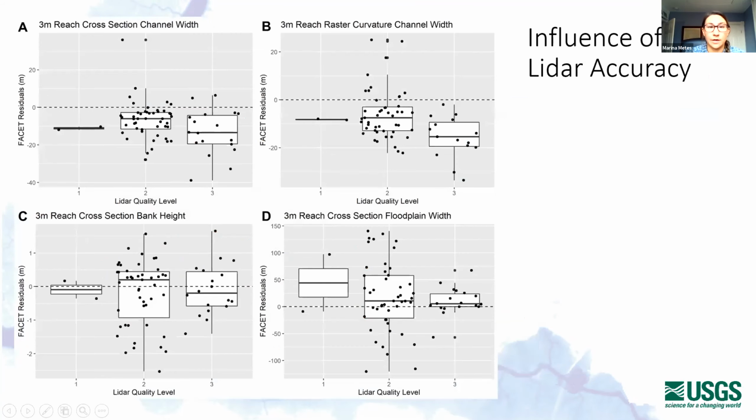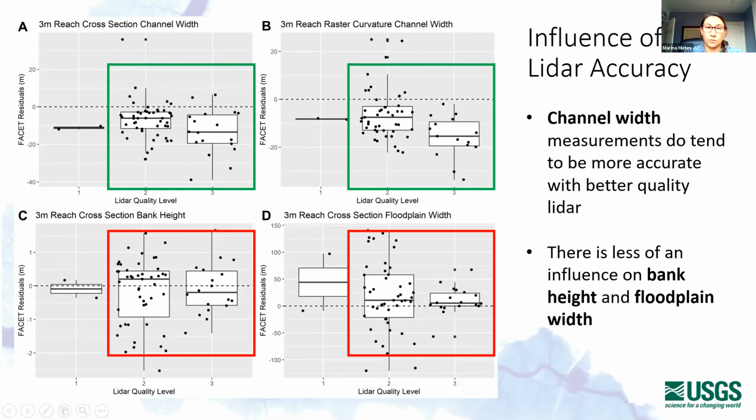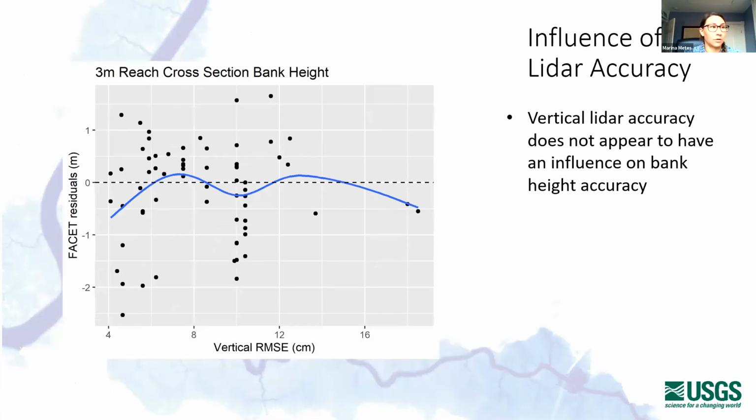Because we had so many different LiDAR data sets that we compiled to run FACET, we were really curious to see if there was an influence of LiDAR accuracy on our FACET outputs. We did not see that much of a difference with our bank height and floodplain width accuracies with higher quality LiDAR. We were also curious about the influence of vertical accuracy on bank height accuracy, and we didn't see much of an influence.